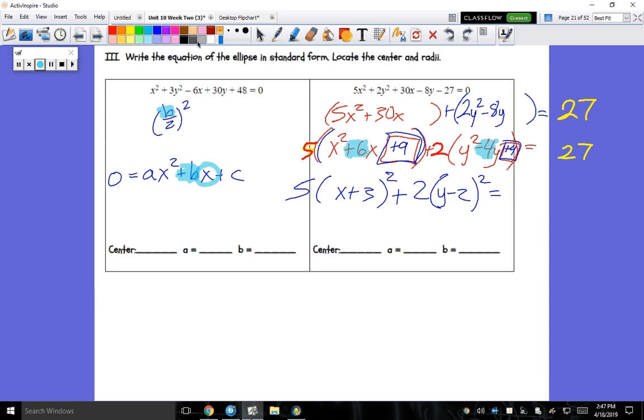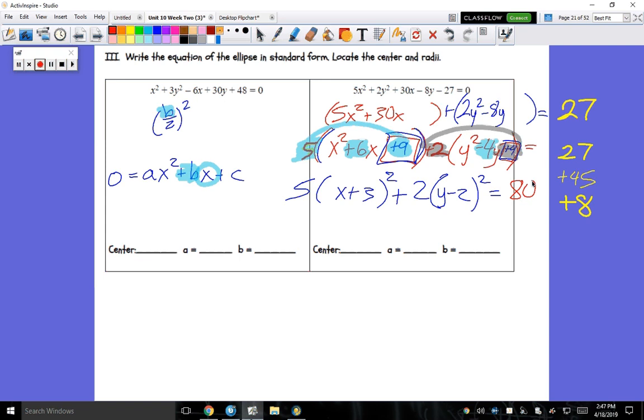How much did I add for the x's? 45. How much did I add for the y's? 8. We're going to write that over there. And those of you handy with the calculator, what is that? 35, 70, 80? Is it 80? Okay. So we get 80 right here.